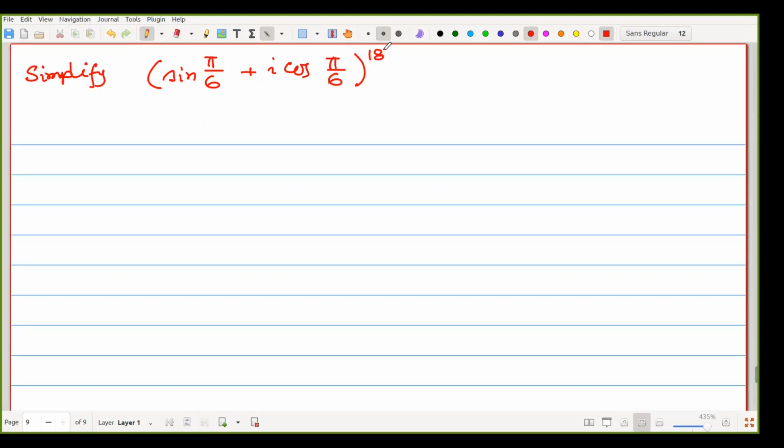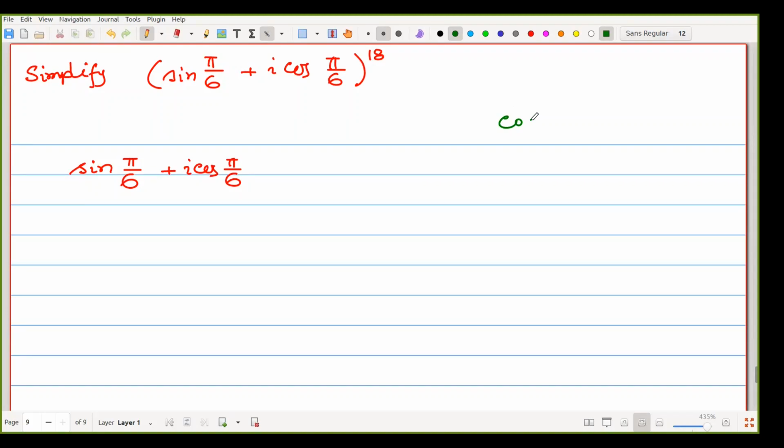Okay, let's check what is happening. If we have sine pi by 6 plus i cos pi by 6, look at the formula here.